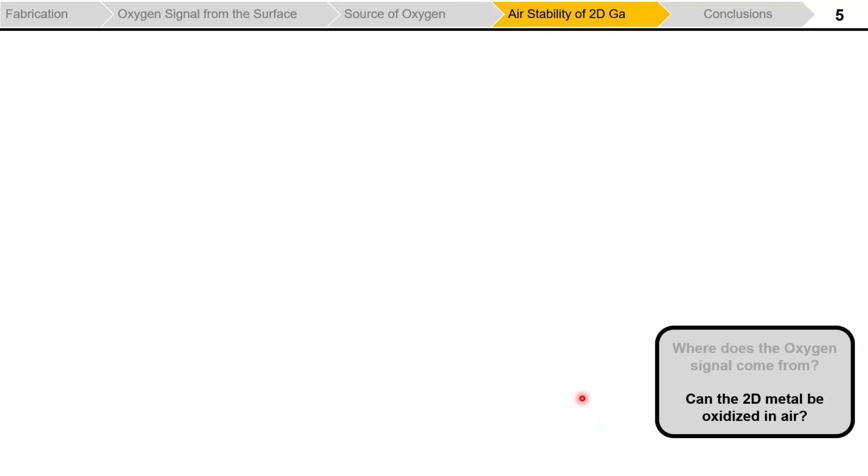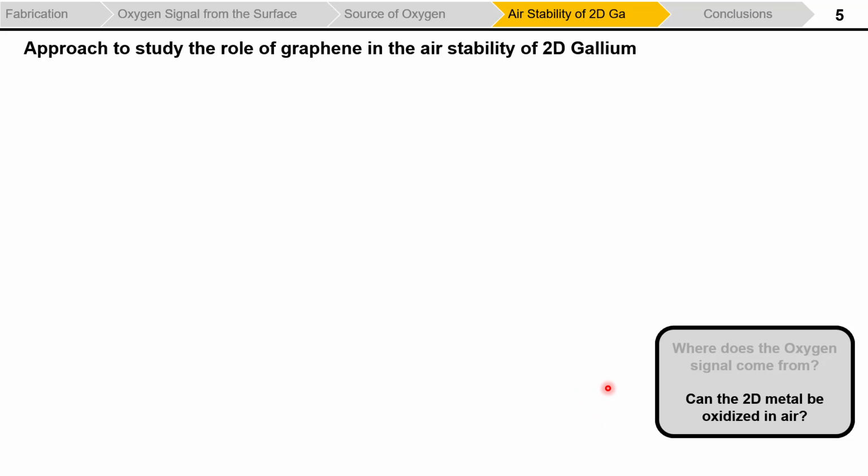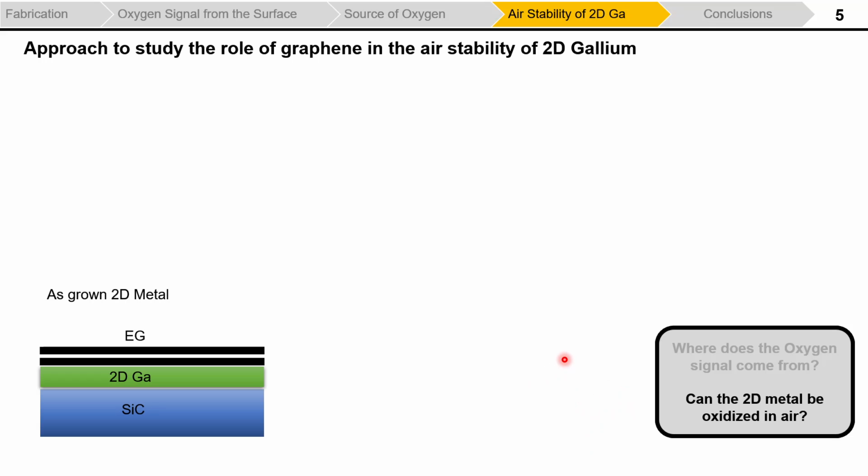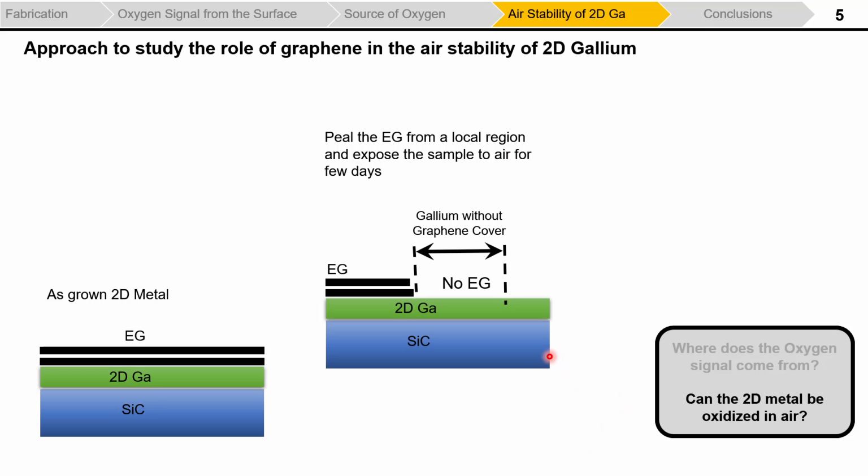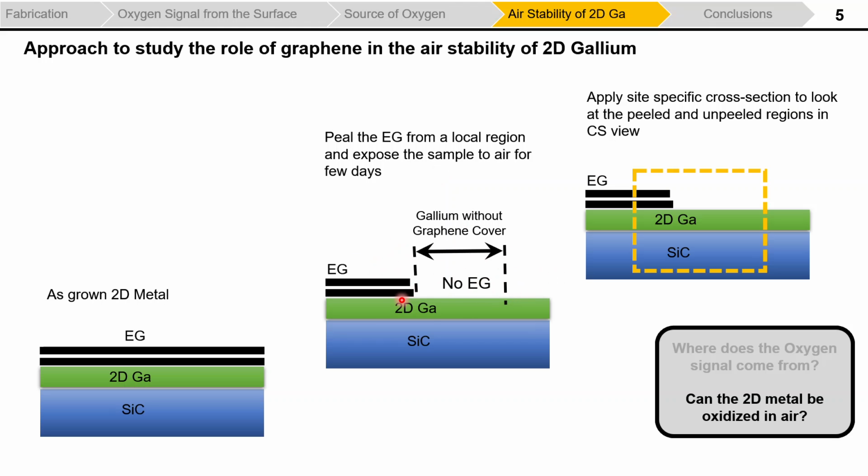Can our 2D materials be oxidized in air with the graphene coating? To answer this question, we applied an approach where we peel our graphene from the surface, so we have an area that contains graphene and another that doesn't.